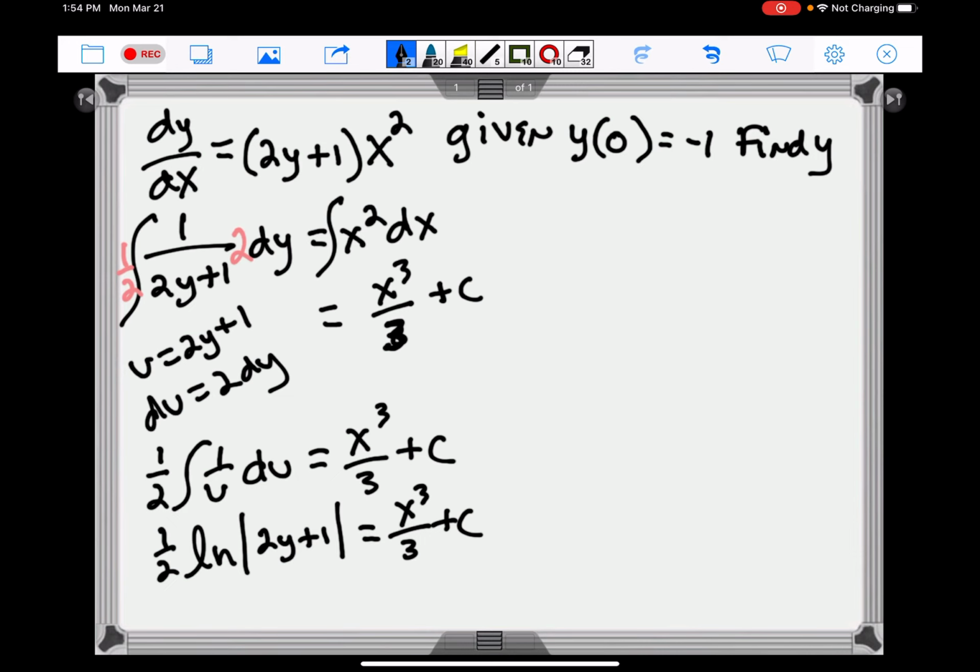So I prefer if we solve for c right now, when we haven't done any solving for y yet, because then even if you do mess up the solving for y, you're more likely to get the c value right. Does that make sense? So I always want you guys to put in your initial condition points right now. So I need to solve for c.